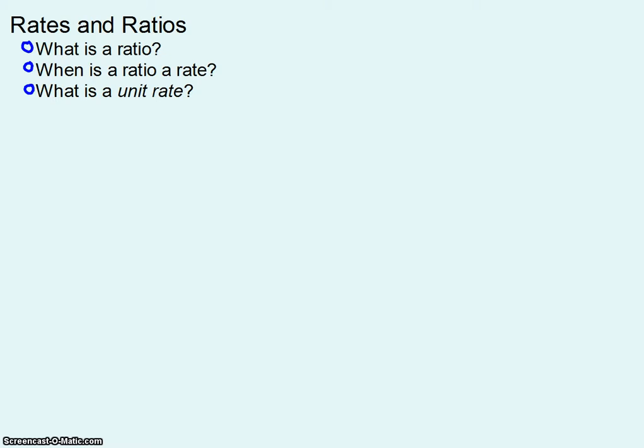So we've looked at what is a ratio, and we've looked at when a ratio is a rate. Now the question is going to come up, what is a unit rate? You'll be asked to do that in some of your work, and I like to introduce it with this problem here. Suppose I go down to the store and I'm told that I can buy 16 ounces of ketchup for $3.79.